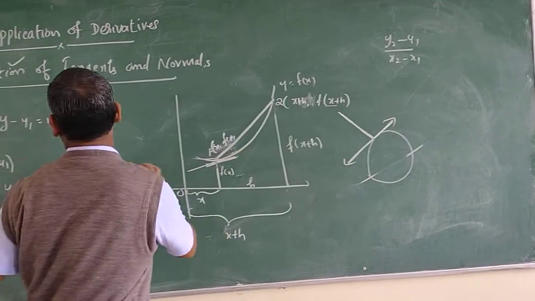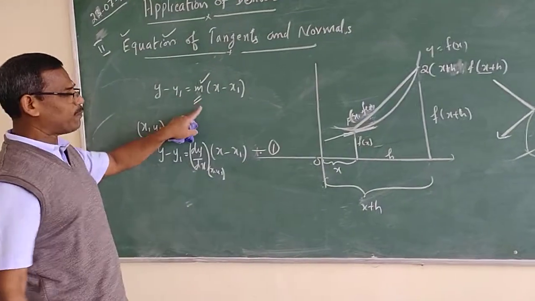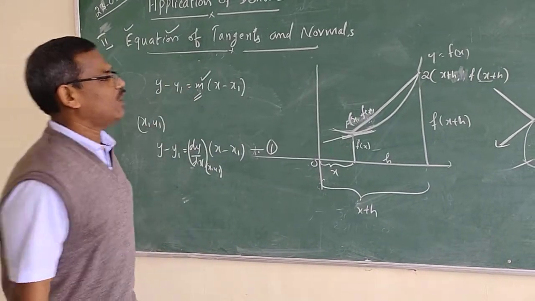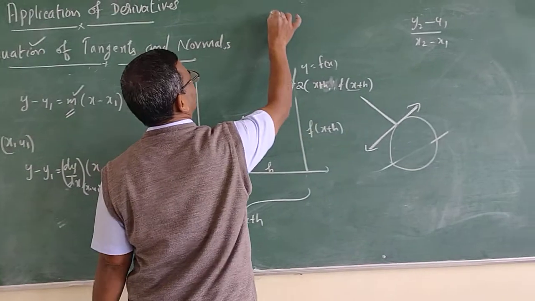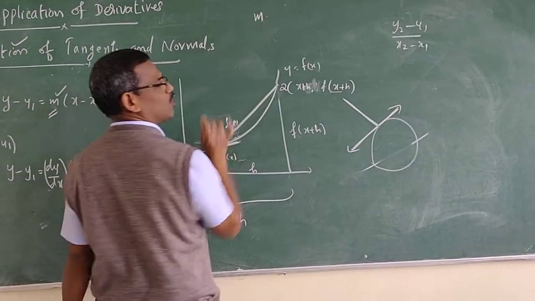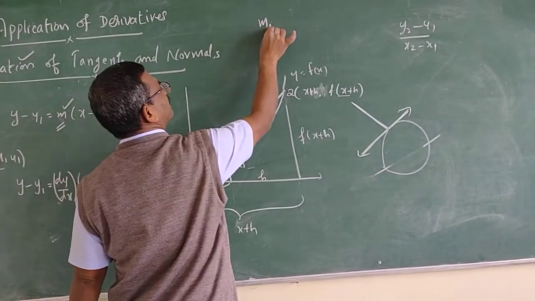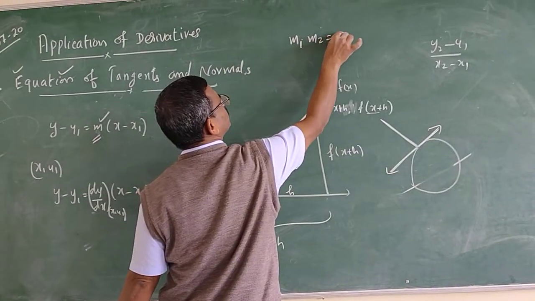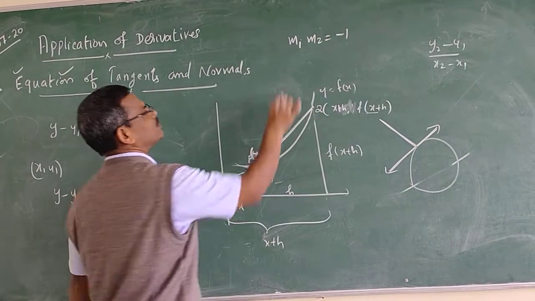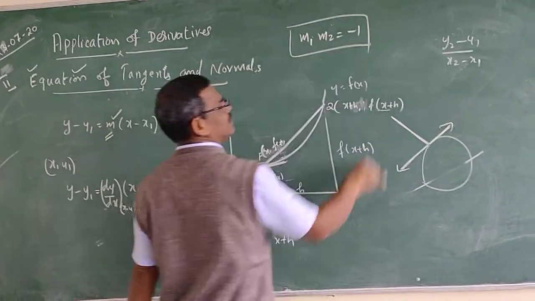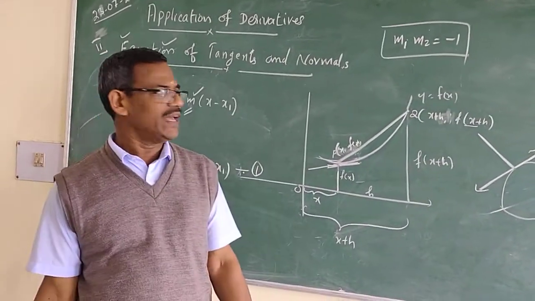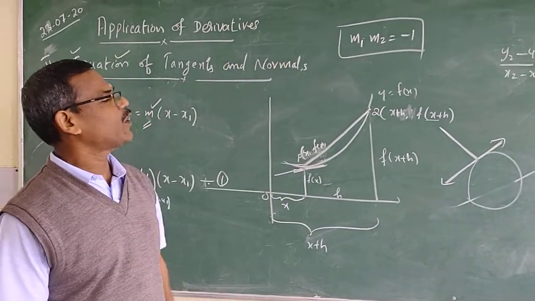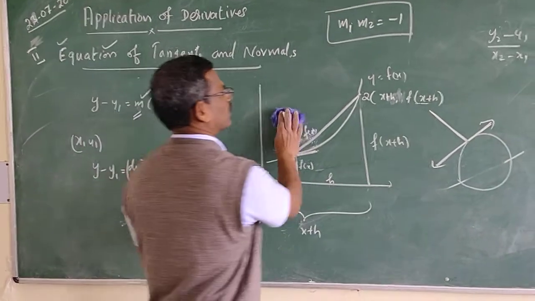Now, one more result which you have studied in class is, if m1 is the slope of a line and m2 is the slope of another perpendicular line, then m1 m2 is equal to minus 1. Their product will always be equal to minus 1.